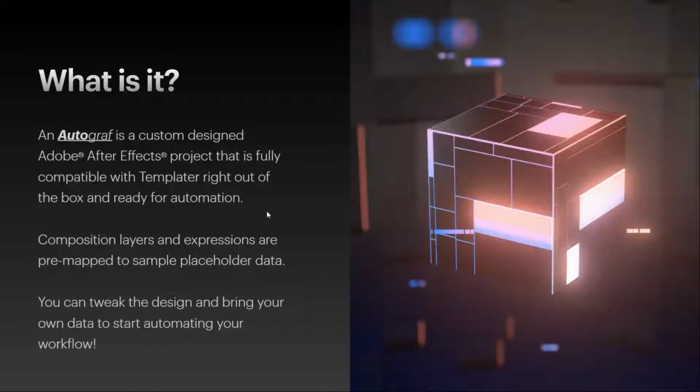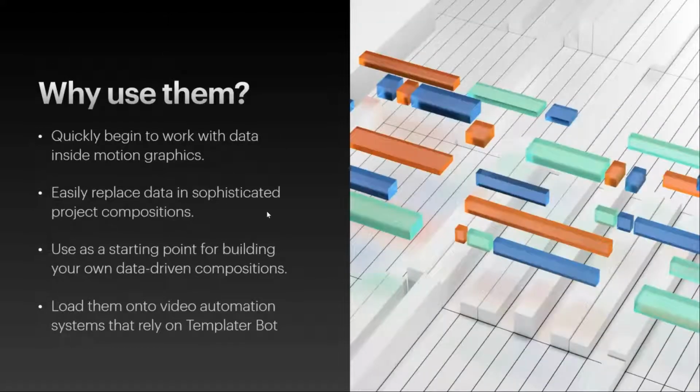So these are really great for beginning to learn Templater, obviously, but also to use as a starting-off point to create your own autographs and begin automating your own workflow. So why should we use them? Well, as I said, it's quick.